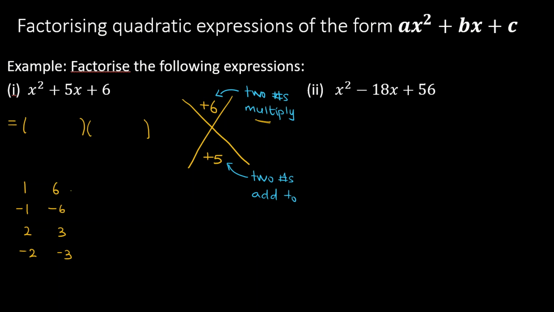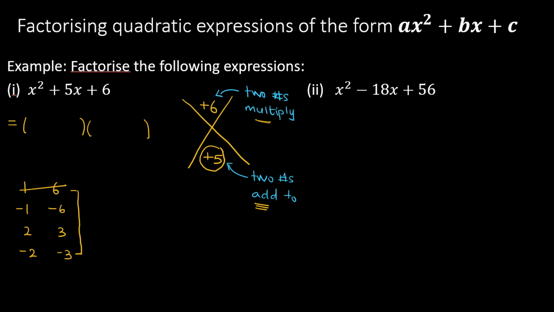Right? Now, among these possible combinations, we have to select two numbers which when we add give positive 5. From which combination can we obtain positive 5 when we add? Is it the first one? 1 plus 6 gives 7.